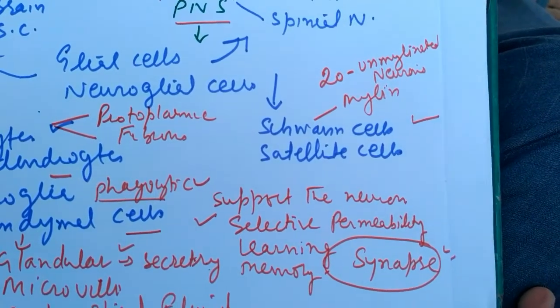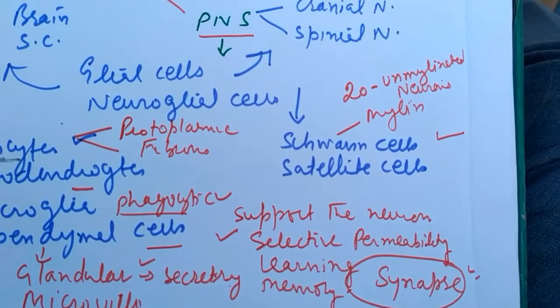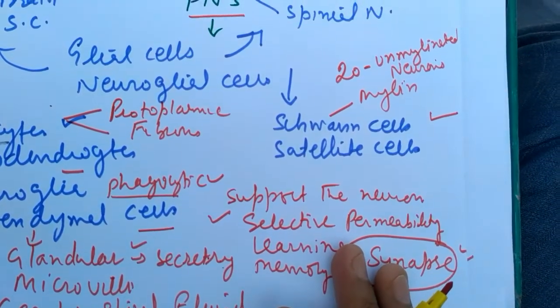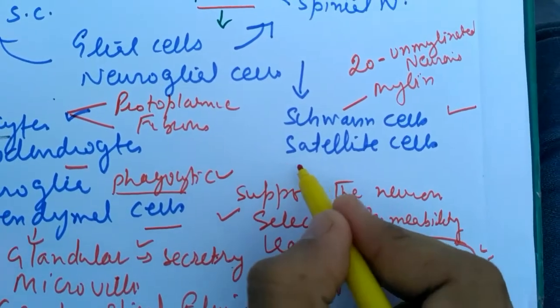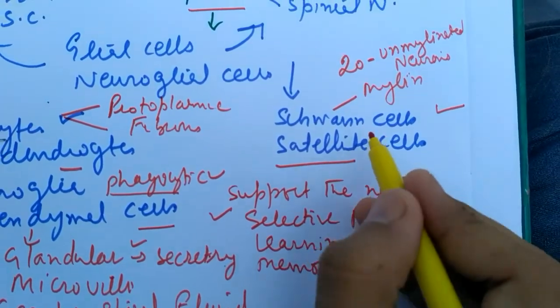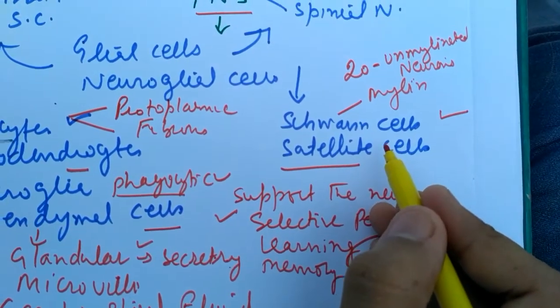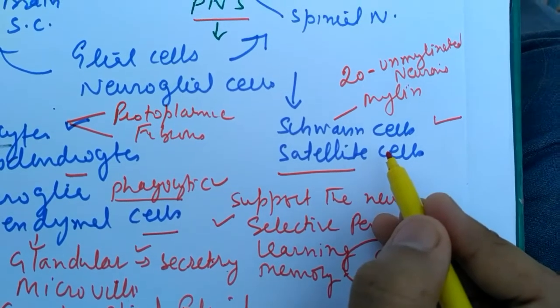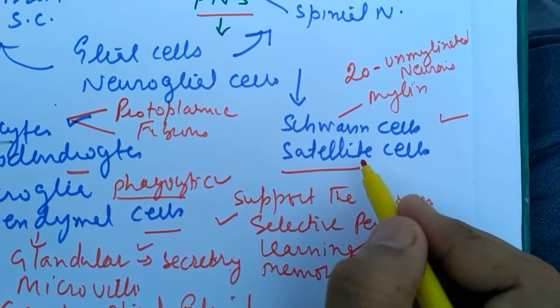The myelin sheath is a protective sheet. It controls the speed of the nerve impulse. Second are the satellite cells. These are supporting cells. They regulate the material exchange between the neural cell body and the interstitial fluid.